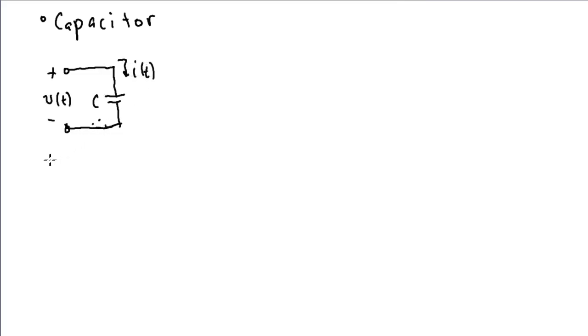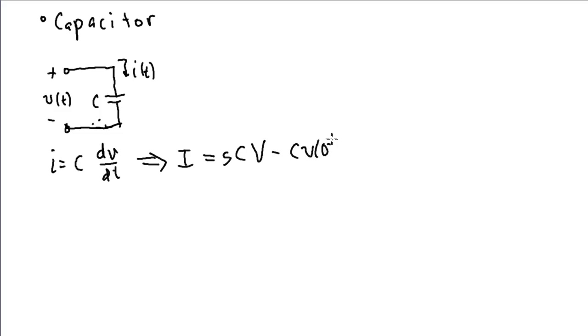And now we have this relationship: I is C dV/dt. Transforming into the Laplace domain, taking the Laplace transform of this differential relationship, we get SCV, again minus C times V of 0 minus.